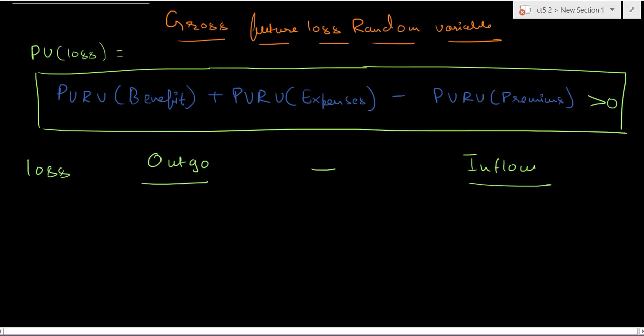And here I'm considering the present values of these things. So it would be in terms of Kx and Tx.